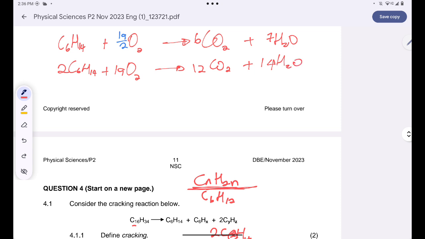Now if you can count, the number of carbons on the left hand side will be the same as the number of carbons on the right hand side, even with hydrogens and oxygens. Whatever number you have on the left, it will be the same number on the right hand side. So this is the balanced reaction of the complete combustion of hexane.